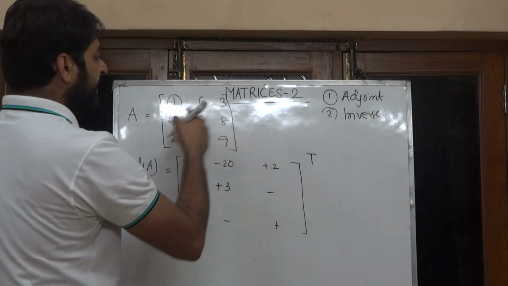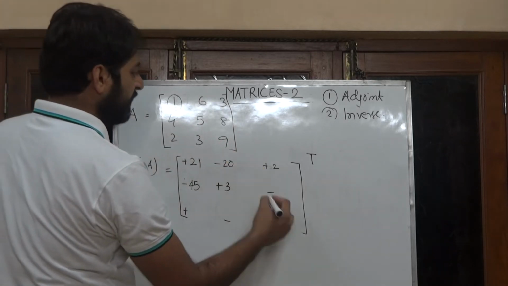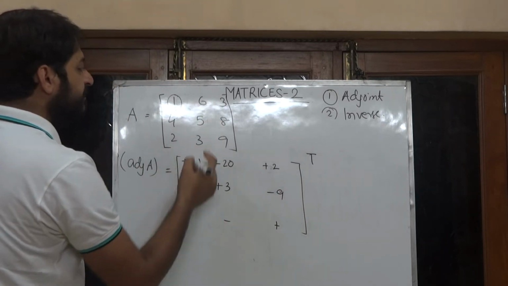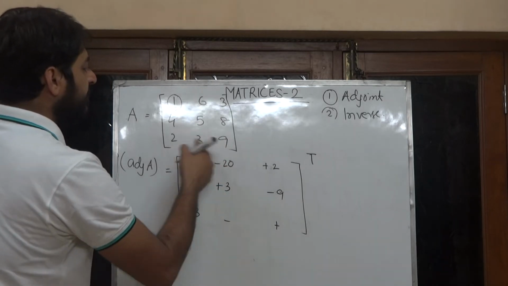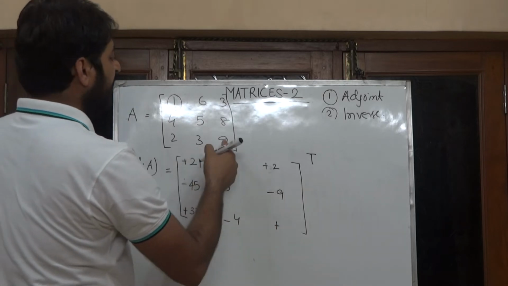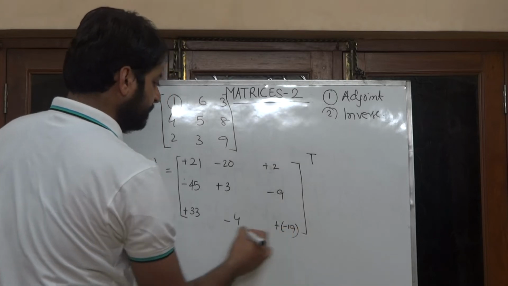Then this 8: 3 minus 12, that is minus 9. Then 2: 48 minus 15, that is 33. Then 3: 8 minus 12, that is minus 4. Then the last 9: 5 minus 24 is minus 19.